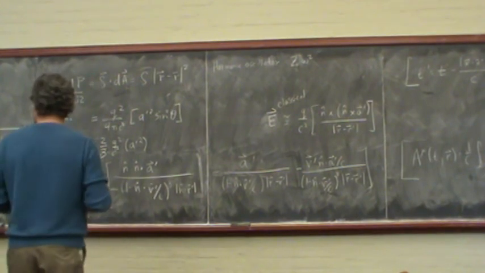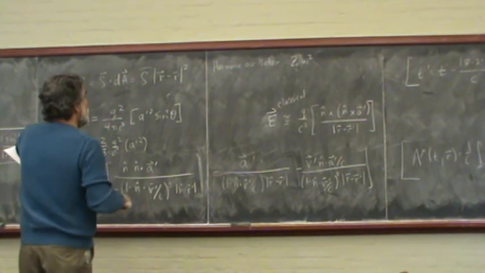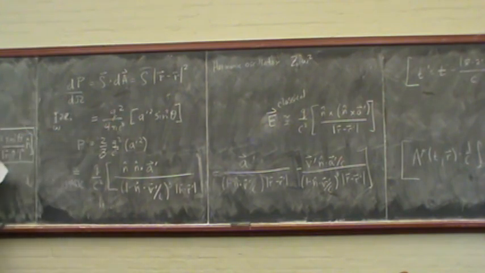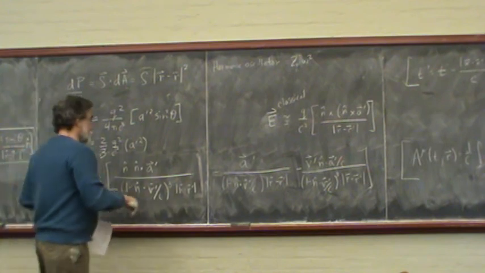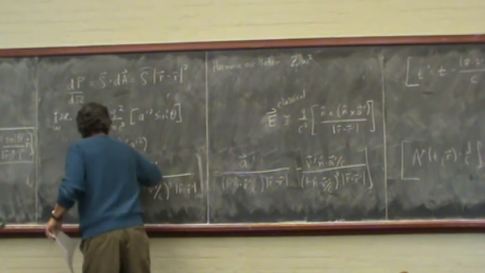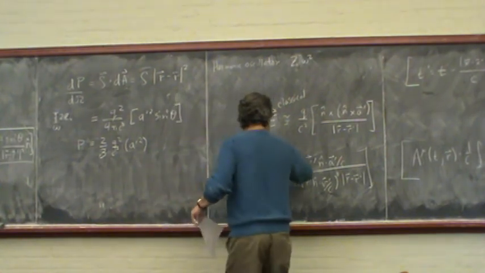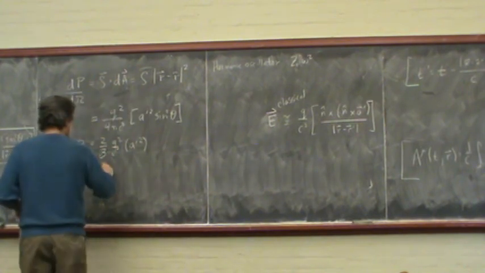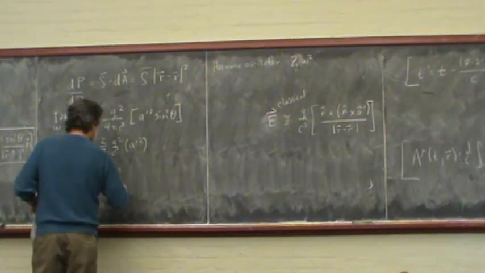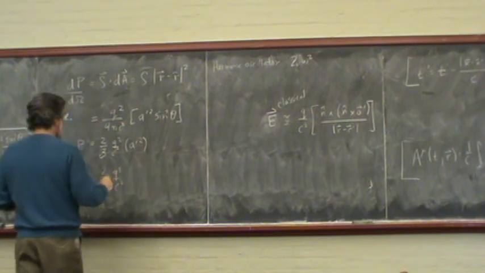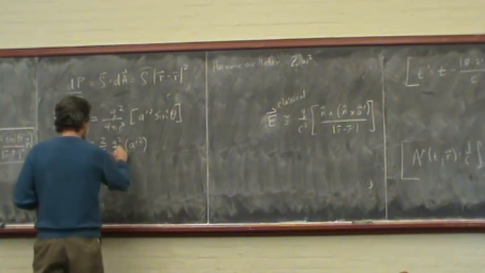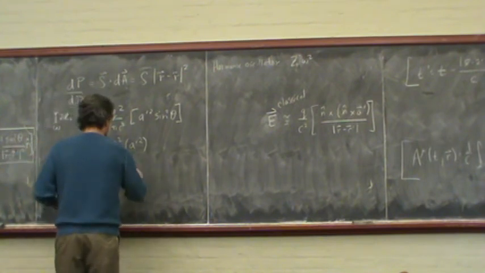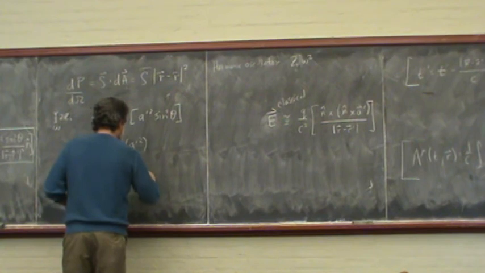And so then my Poynting vector is proportional to the acceleration squared. So my total power is 2/3 q squared over c cubed times z0 squared omega to the 4th.